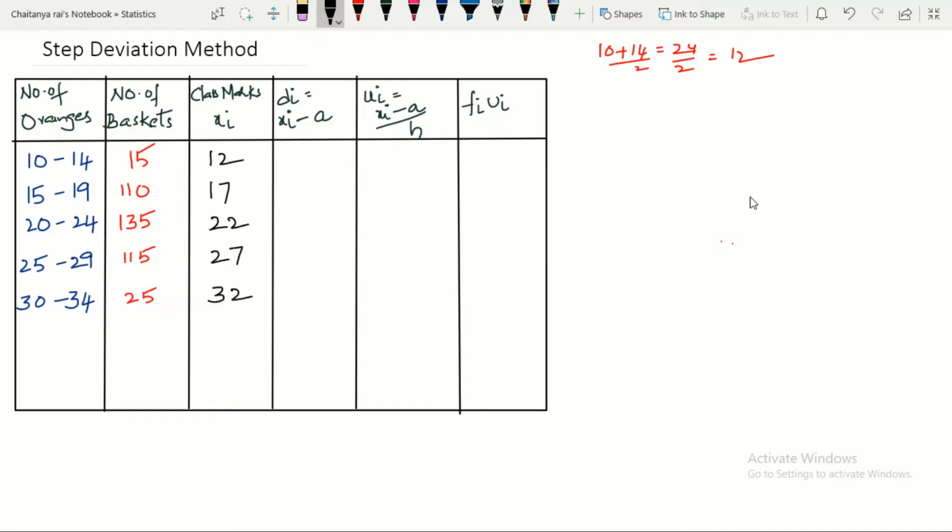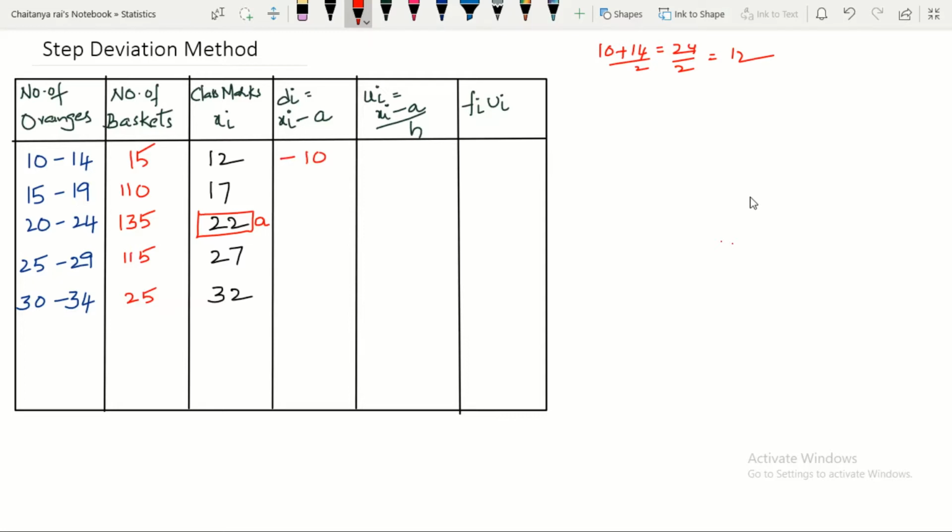We have discussed this deviation in the earlier method. So out of the given xi values, I am choosing this 22 as the assumed value. This will be our a. So 12 minus 22 gives negative 10.